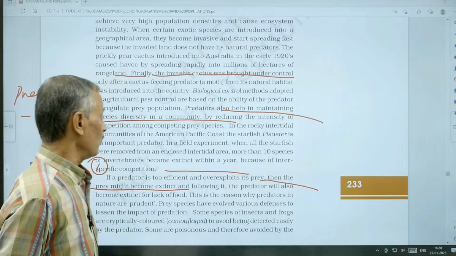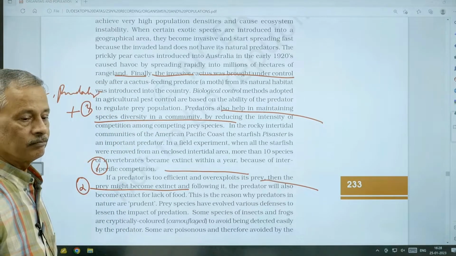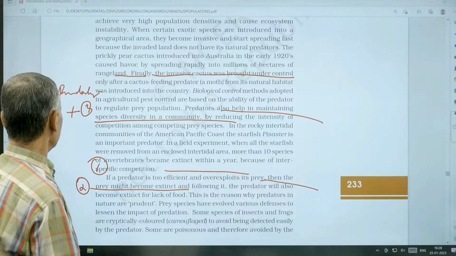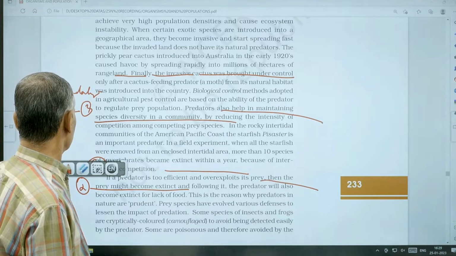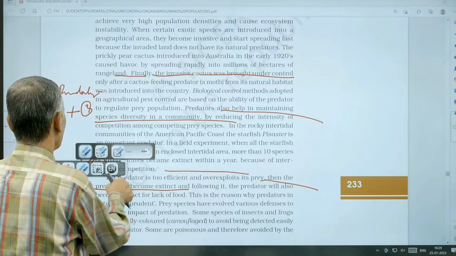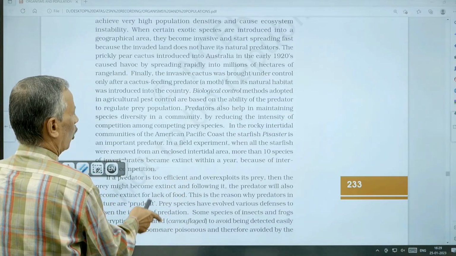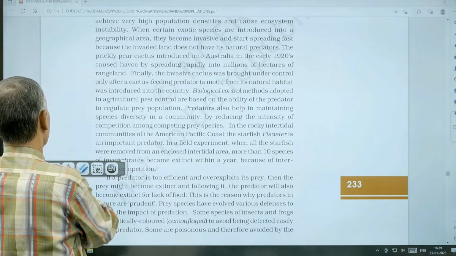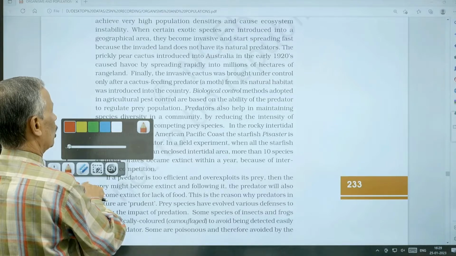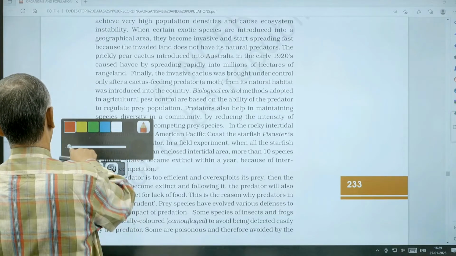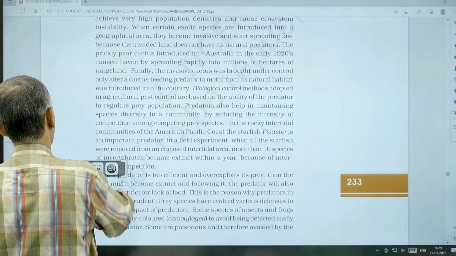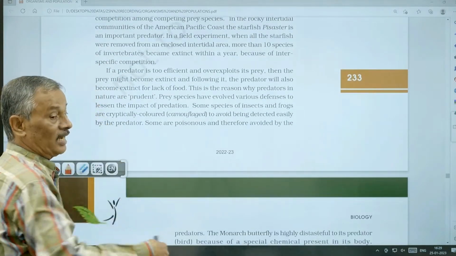So these organisms have developed a number of techniques, a number of adaptations, both predator and prey. These show what is called co-evolution.